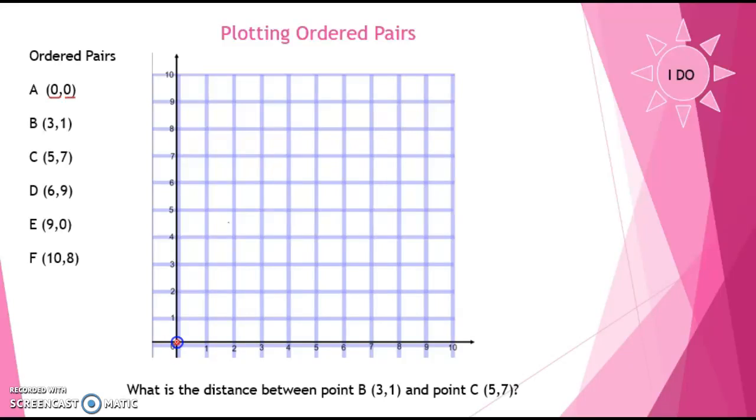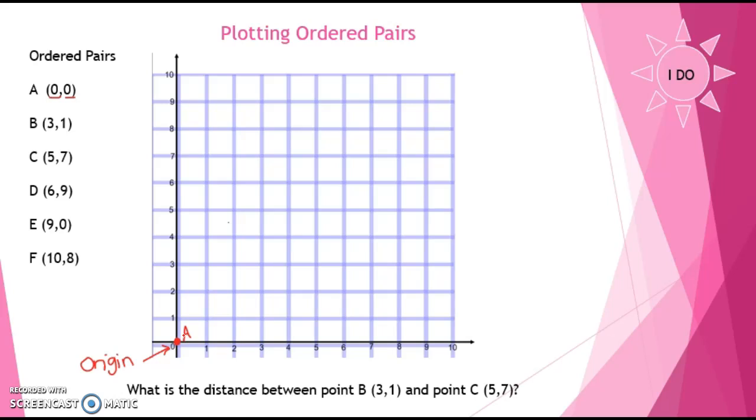We're going to plot it right here where the two axes meet. I'm going to label it so you remember this is the origin that was on the vocabulary slide on the previous page. Now, I'm going to place an A next to it because we're going to call that coordinate point A.